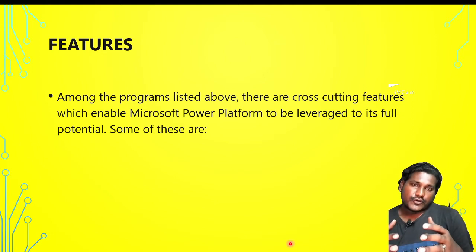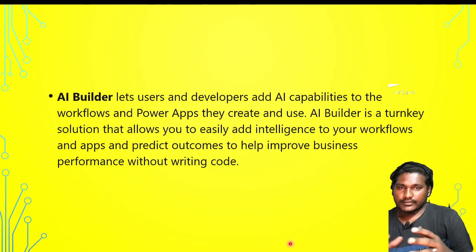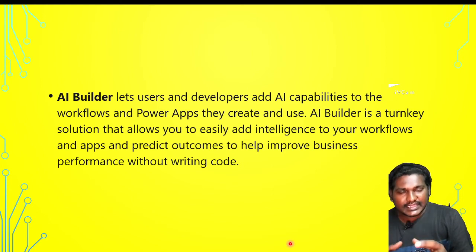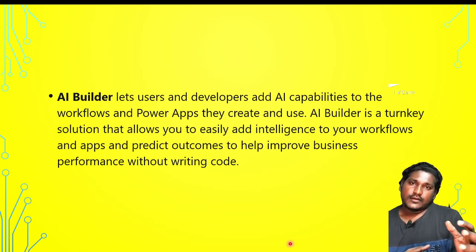The features of Microsoft Power Platform are outstanding, comparable to no one. The first feature is AI Builder. You can directly link artificial intelligence concepts to Power Apps while building them.